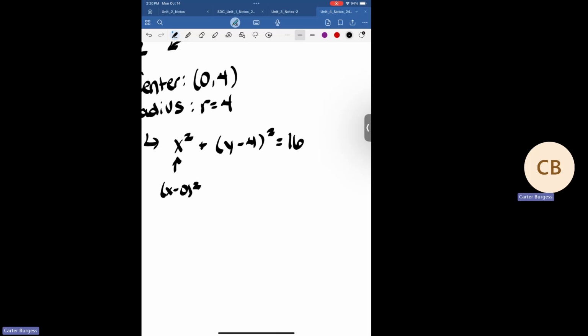Yeah, that's just the Pythagorean theorem. Notice that the x displacement, the x distance, is between 0 and whatever x is, so 0 minus x or x minus 0. And then the y displacement is between whatever y is and 4. Pythagorean. Yeah.